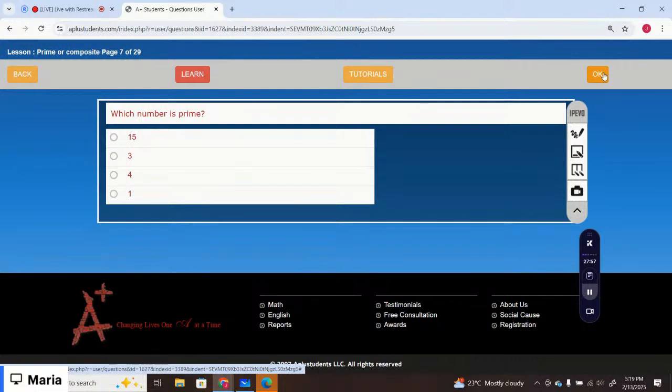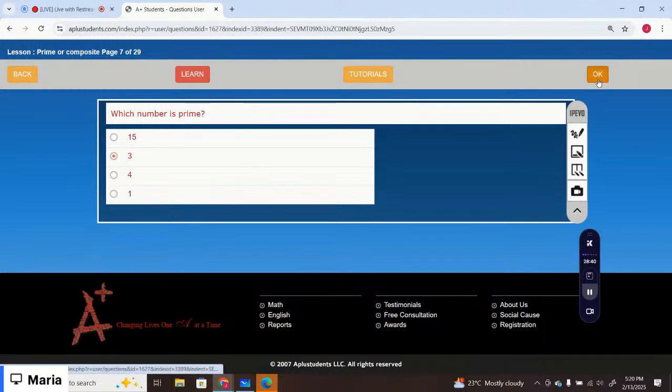Which number is prime? 15, 3, 4, 1. Which is the correct option? 3 is the only prime number here.